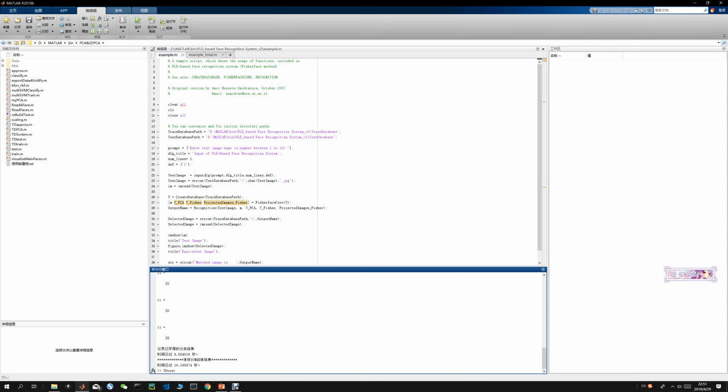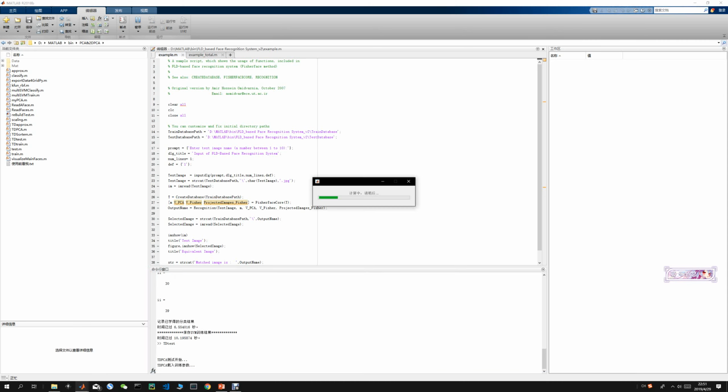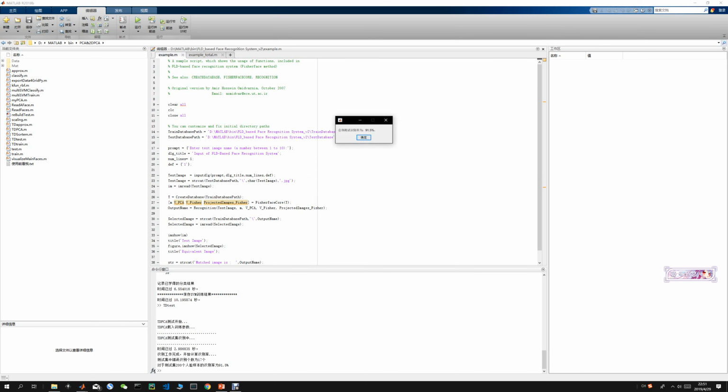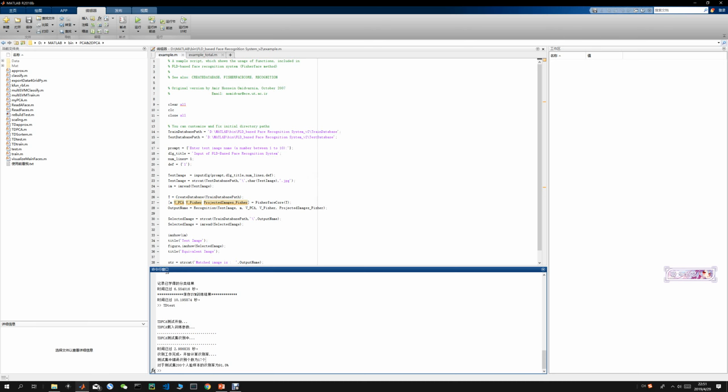After the training is done, we will use a test to get the result. This is the highest accuracy I get for the whole project. This is the 2D PCA result, then the PCA result.